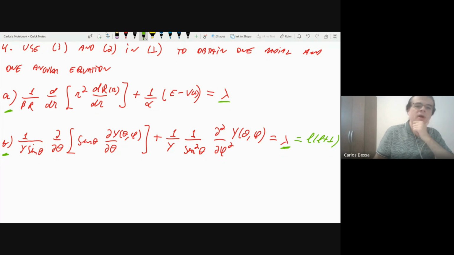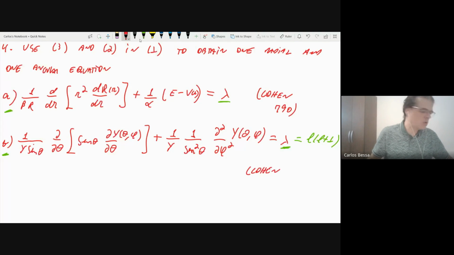Okay, so you can get the solution on the radial part. See this part, page 662.